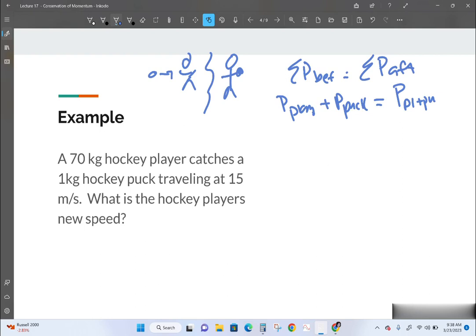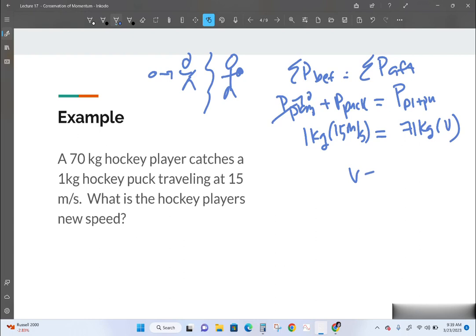So the momentum of the player, we're going to assume, is 0 to begin with, but the puck is traveling at 1 kilogram times 15 meters per second. Afterwards, they're together, so their total mass is 71 kilograms times whatever their speed is.